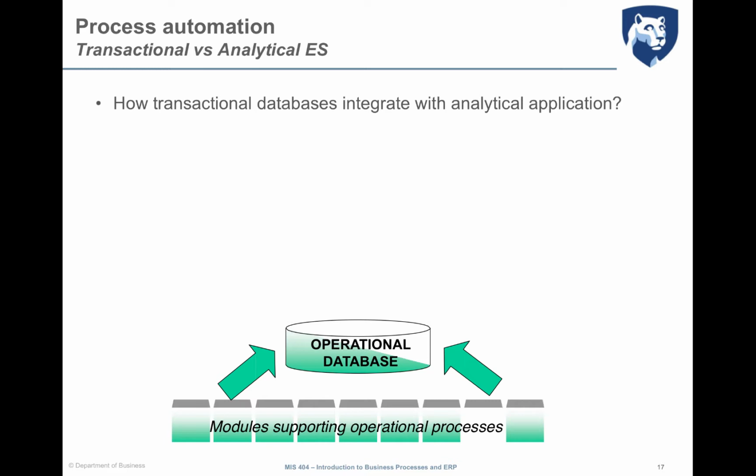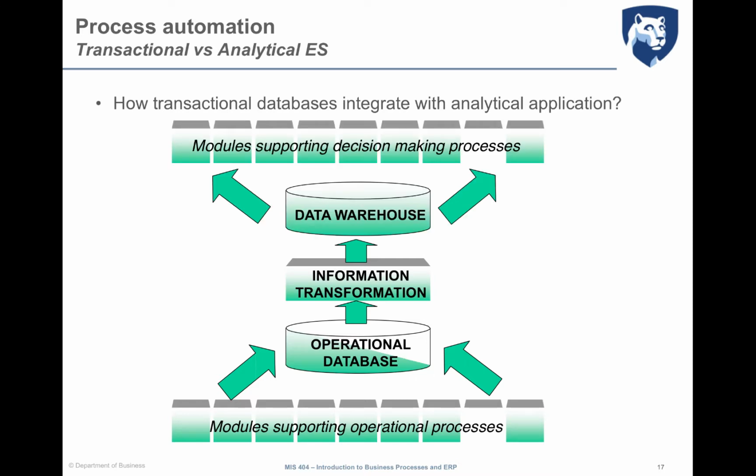In order to use this huge amount of information, there is the need to transform it into something that can be analyzed or can be of more value. This transformation is requested through queries by the data warehouse, and the new value is stored in this type of database named data warehouse.